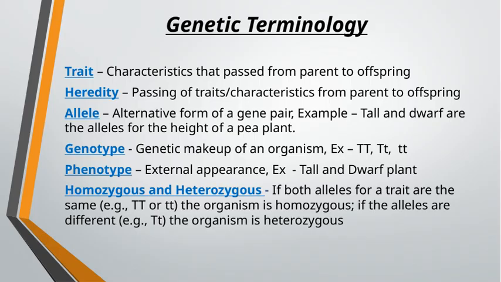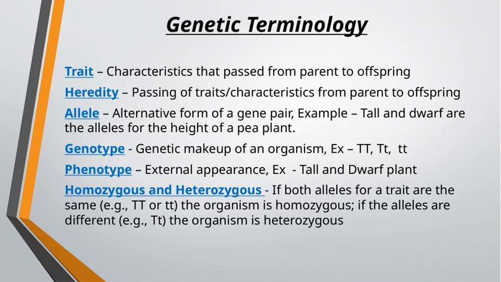Now, when we talk about alleles, we're referring to alternative forms of a gene. For example, for the height of a pea plant, tall and dwarf represent different alleles. Your genetic makeup, called the genotype, is essentially the combination of these alleles, like TT, Tt, or tt. The phenotype is the observable trait, like whether the plant appears tall or dwarf based on its genotype.